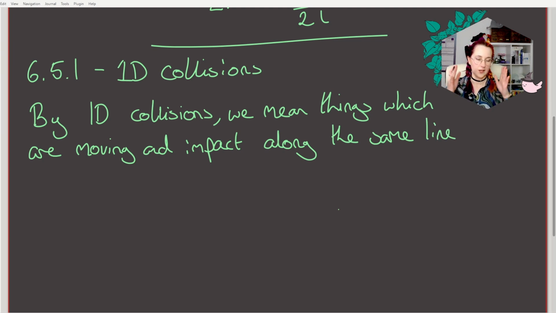So, for example, if I were to throw a ball at a wall, which is going to be the iconic example that we use in both 1D and 2D, the direction of motion has to be perpendicular to that wall for it to be a 1D collision, because it's going to hit, collide, and then bounce back in the same direction. Picture it all stuck along a string, not an elastic string, an invisible string. All motion, all impact, all collisions, all work along that one line.